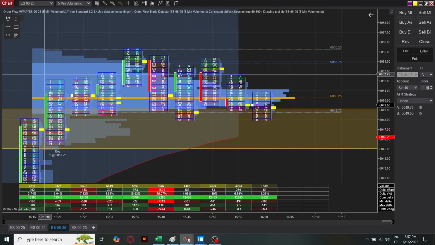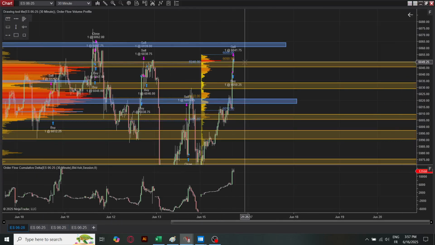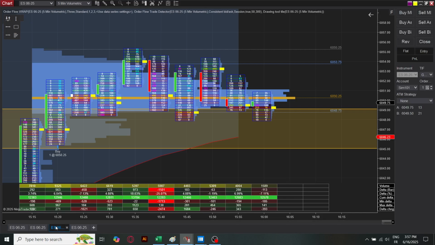If there is a consolidation like this on a resistance level, then I can expect one thing. It means price is accepting higher levels or higher volume. This means price is still bullish.